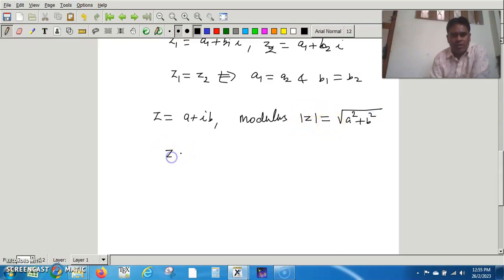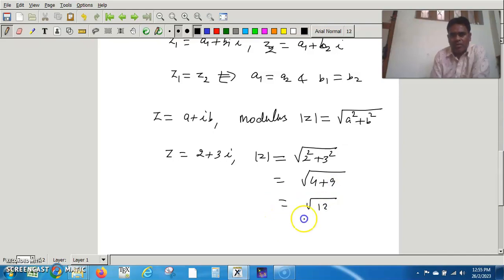Suppose let us take some numerical problems. Suppose we are given 2 plus 3i, then its modulus will be under root of 2 square plus 3 square, means 4 plus 9, which is equal to 13.